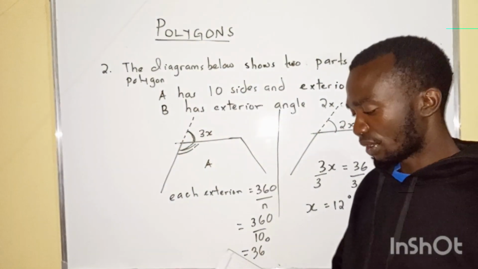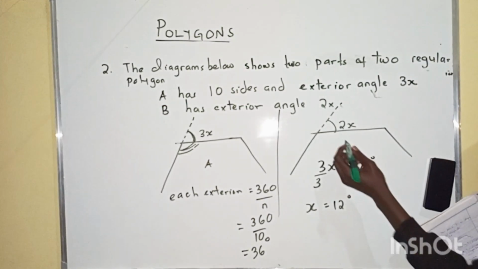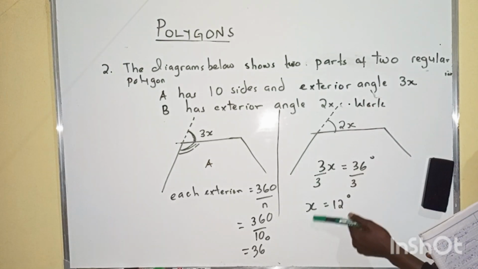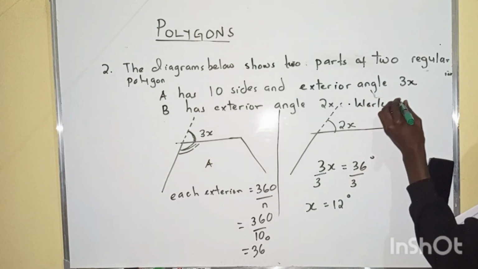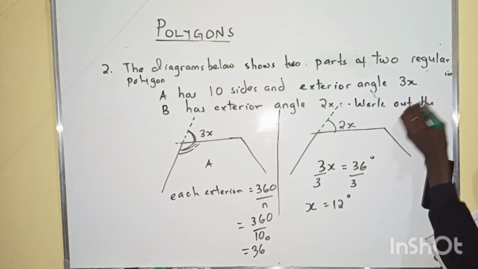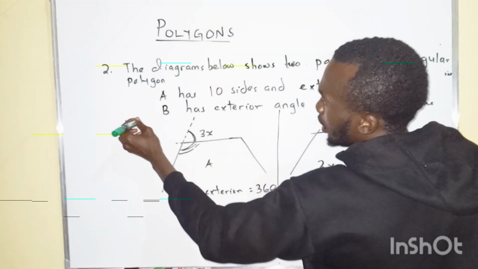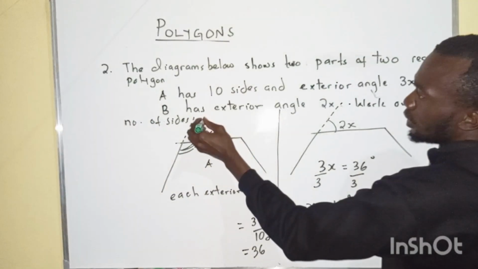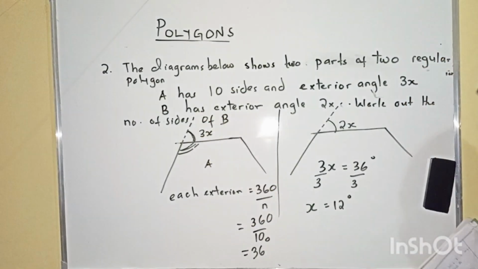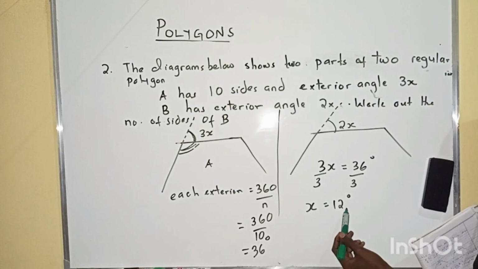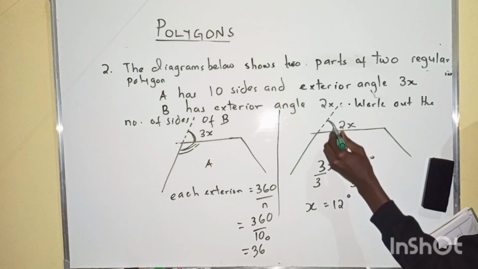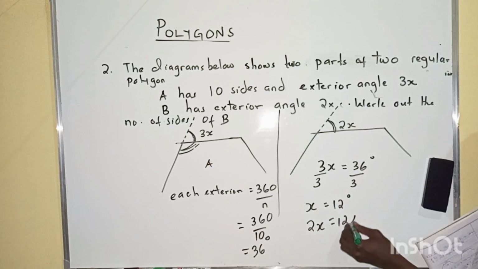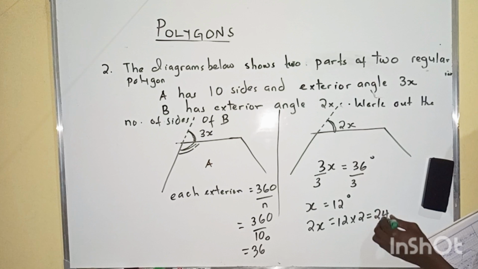Work out the number of sides of the regular polygon B. If x is equal to 12 degrees, we can get the exterior angle of B. For B, 2x is equal to 12 times 2, which gives you 24 degrees.